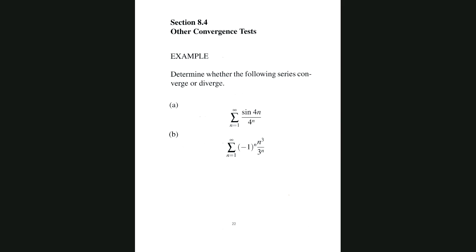for B, okay, B sub n is equal to n cubed over 3 to the nth power. Okay.